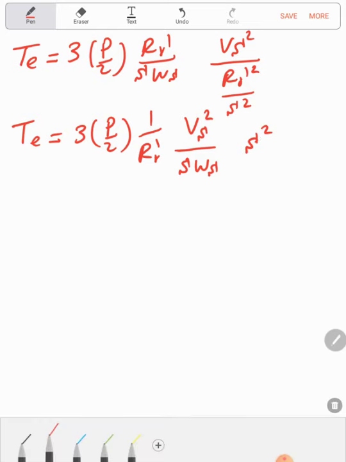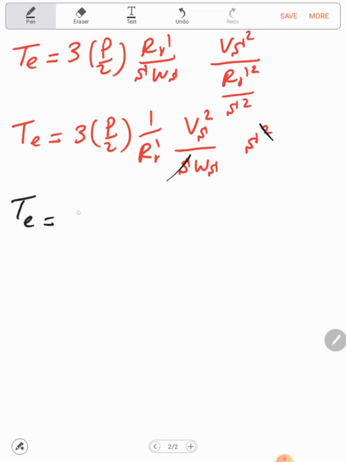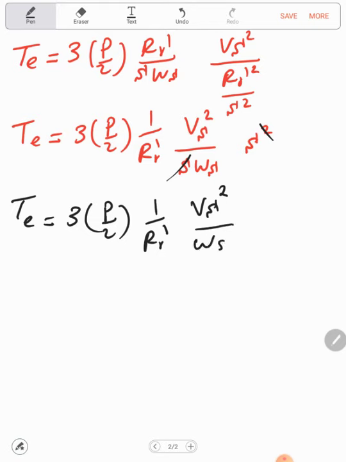So simply here, one of the s's will eat one of the s's there, and Te will equal 3P over 2 times 1 over Rr' times Vs square over omega s s.